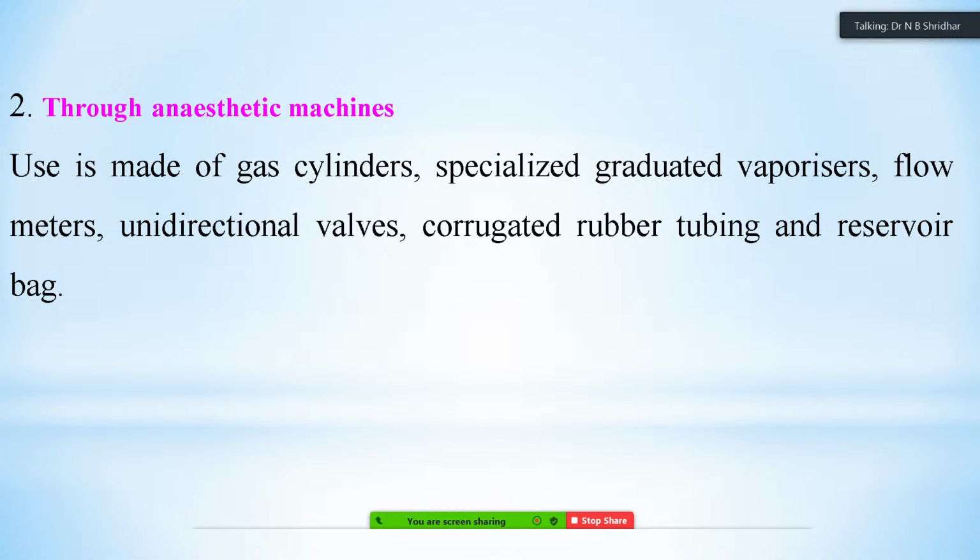Another technique of anesthesia is through anesthetic machines. This is very popular nowadays, and here use is made of gas cylinders and a carrier agent. Specialized graduated vaporizers, flow meters, unidirectional valves, corrugated rubber tubing and a reservoir bag will all be present in anesthetic machines.